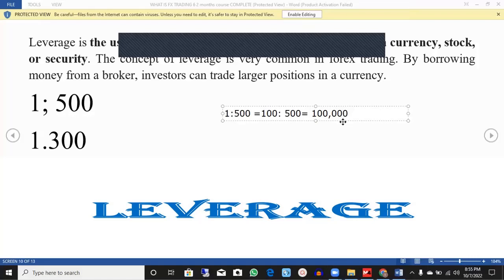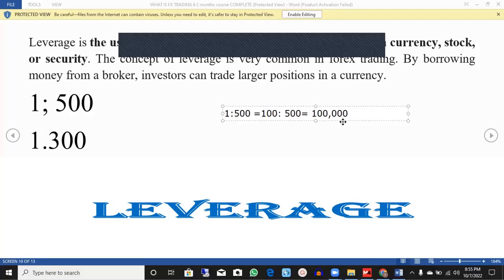So here is the warning, or the advice: don't over leverage. For me, I prefer using just 1:500 at maximum, or sometimes 1:600. If you over leverage, the broker will allow you.